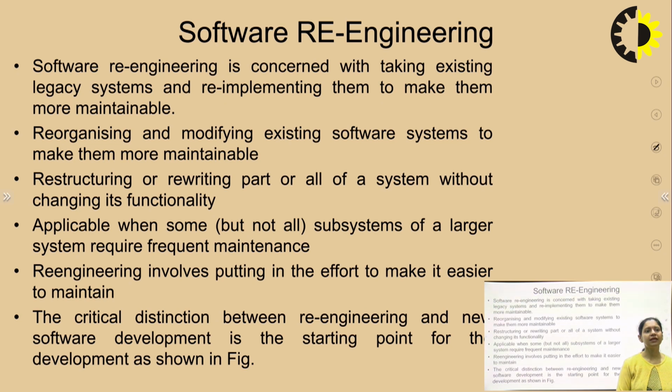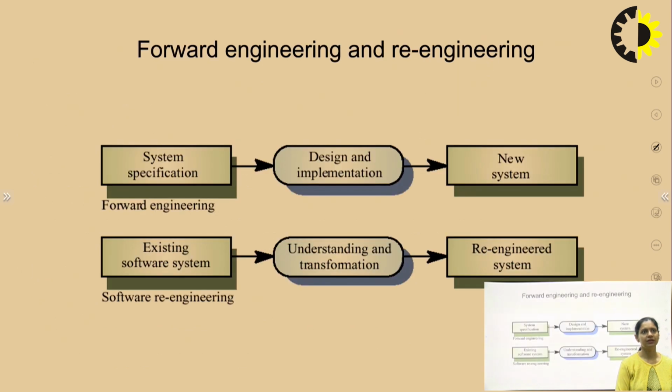Re-engineering involves putting in effort to make software easier to maintain. The critical distinction between re-engineering and new software development is the starting point for the development, as shown in this figure. If we look at the new system, we start from system specification. System specification means we try to identify the requirements of the user, and slowly we design and implement the software, and at the end we get a new system developed by the developers.